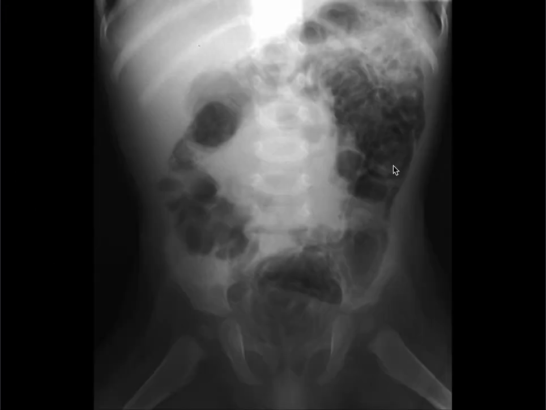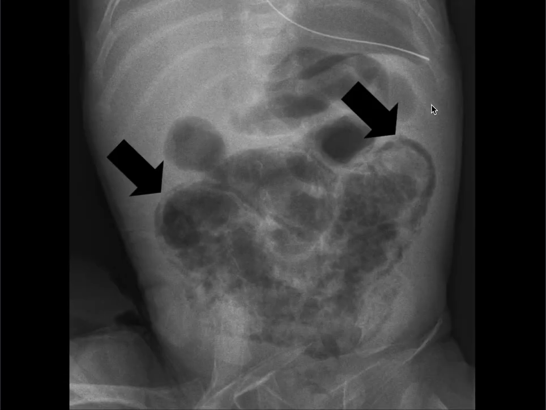An example of pneumatosis intestinalis, you can see these curvilinear lucencies outlining the bowel wall in a patient with necrotizing enterocolitis. And more examples of pneumatosis intestinalis, with curvilinear lucencies outlining the bowel wall, and a mottled appearance down here.